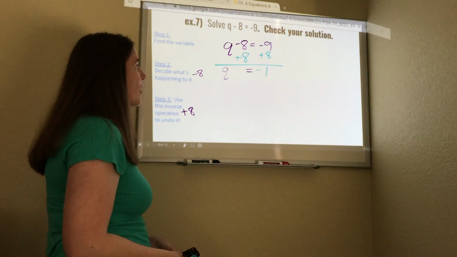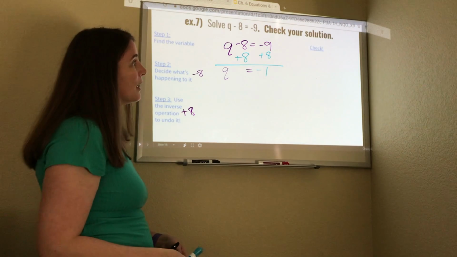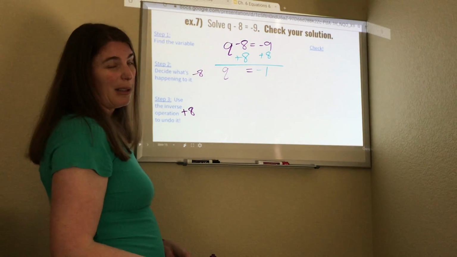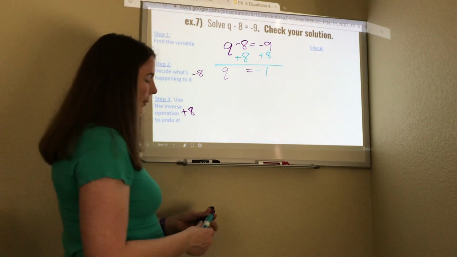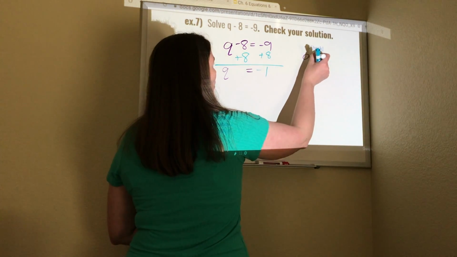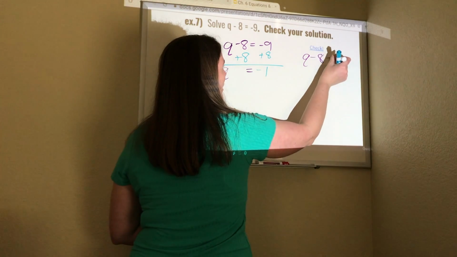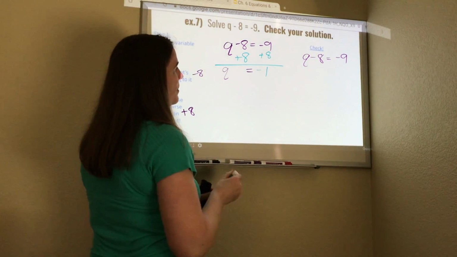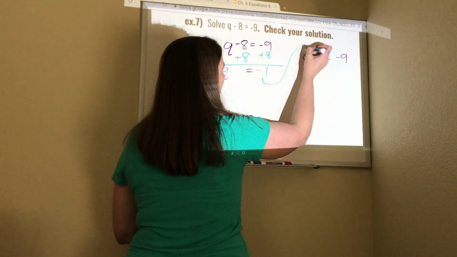Okay? So the next step is to check to see if I got this right, because integers sometimes can be a little bit difficult. So I'm going to rewrite q minus 8 equals negative 9, and I'm going to substitute in negative 1 for q.